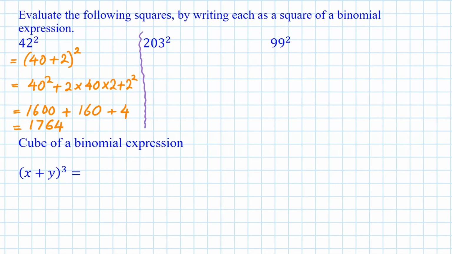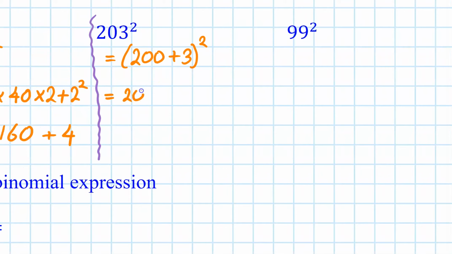The next one is 203 squared. So 203 can be written as 200 plus 3 squared. 200 squared plus twice the product plus 3 squared.